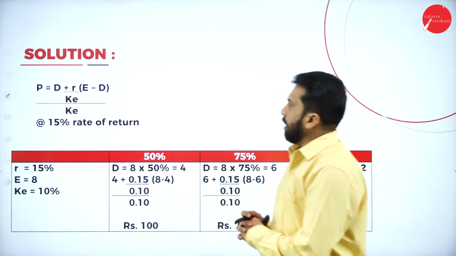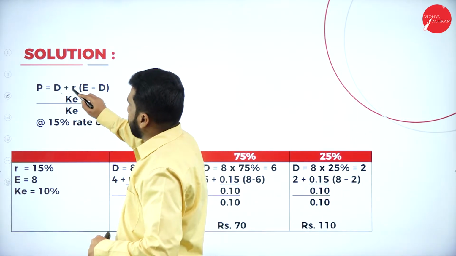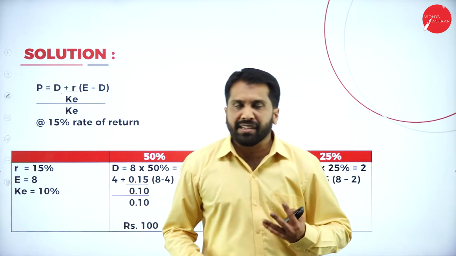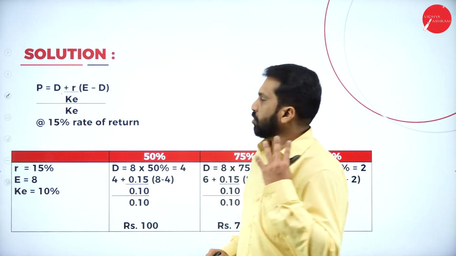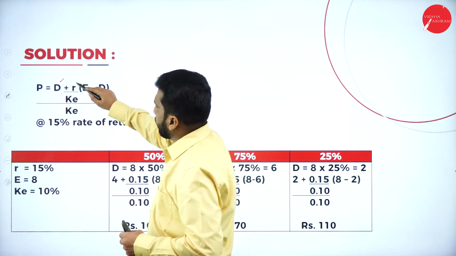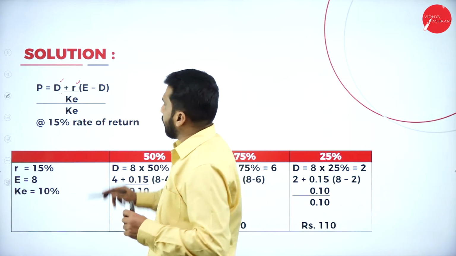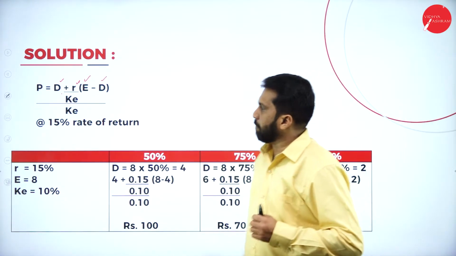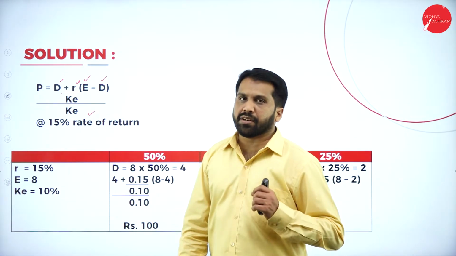Your formula, as I told you, is P equals D plus R into E minus D divided by cost of equity, divided by cost of equity. P stands for price of the share.